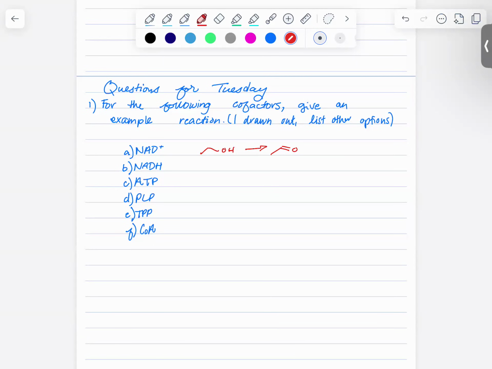You can say, well, I went from an alcohol to an aldehyde. That's an oxidation. I only know NAD plus. With NADH, we know that those are reductions. So you look for the reactions that you recognize as reductions, which like an example of that could be a carboxylic acid to an aldehyde.